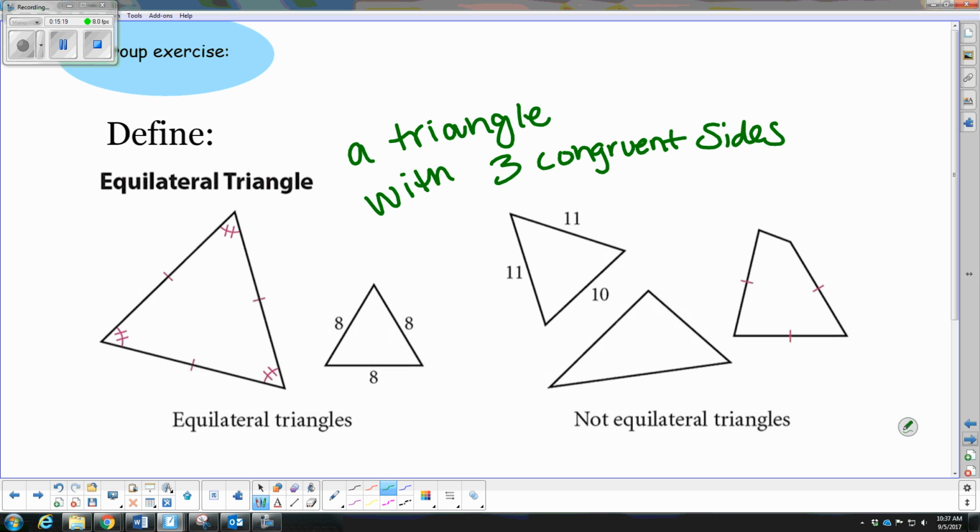So all 3 sides here are congruent. All 3 sides here are congruent. Here, this is a quadrilateral, so it has 4 sides. These 2 sides are congruent, this is not congruent, and you know nothing about these sides. So you cannot conclude it's equilateral.